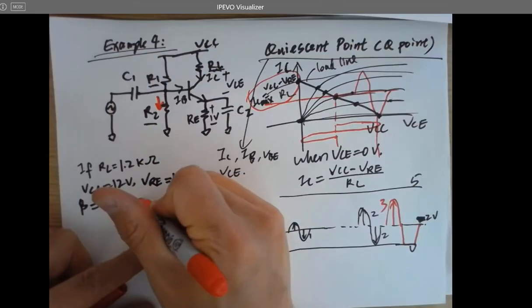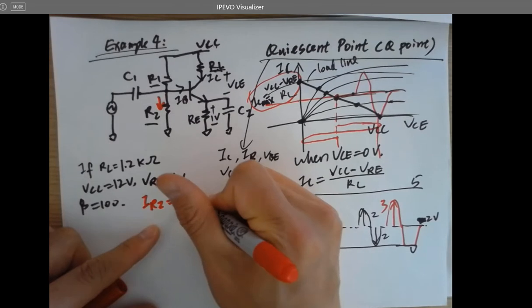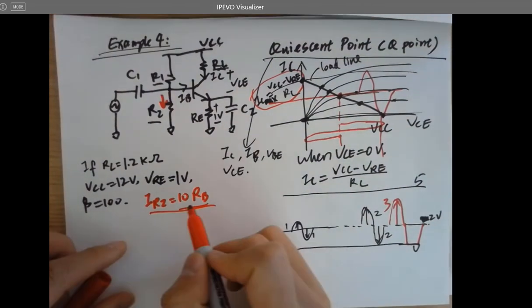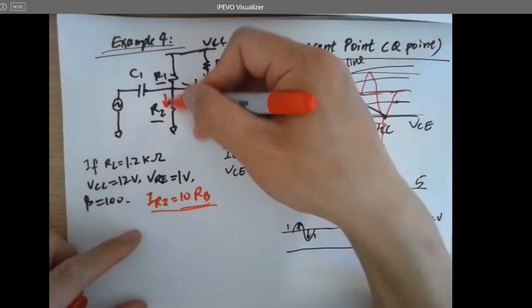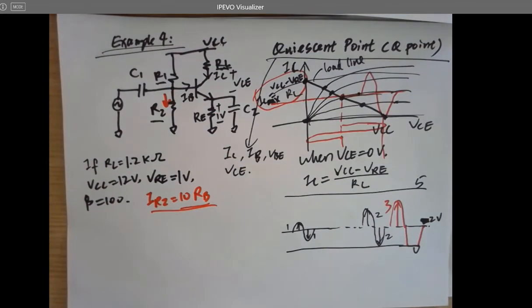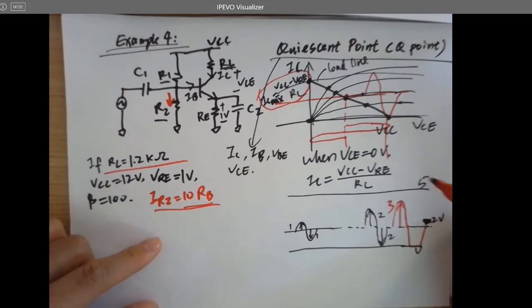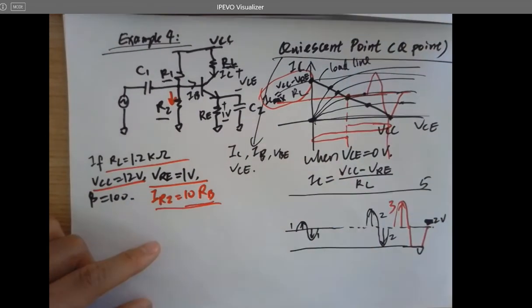So let's assume IR2 is 10 times IB. Just use the same ratio in the homework assignment. So we are designing this; nobody knows what the currents are. What you know is you have a load, VRE has to be 1 volt, and here's a power supply, and that's it.